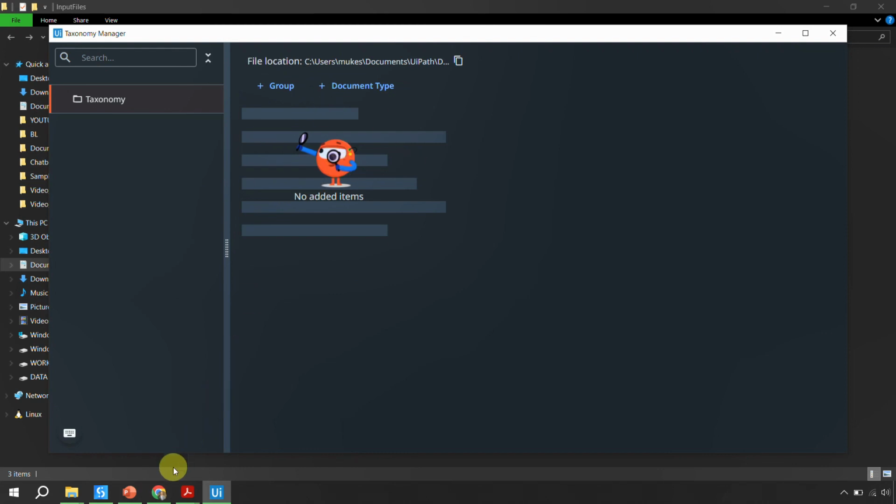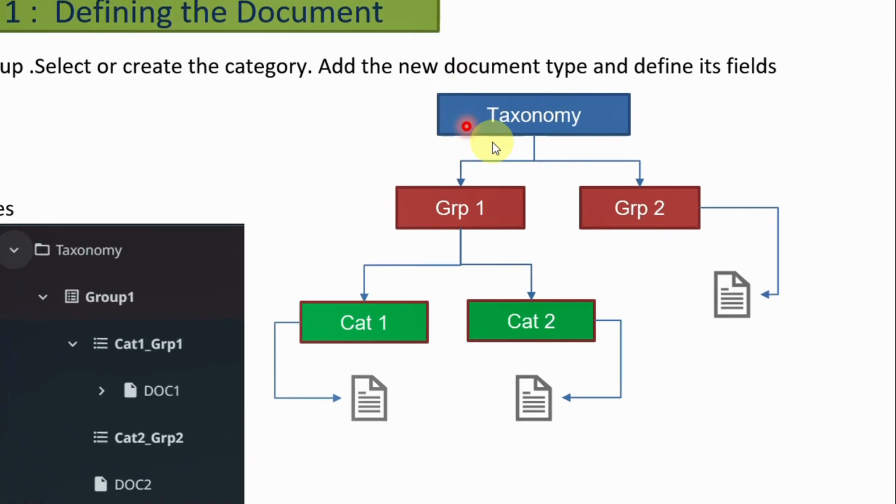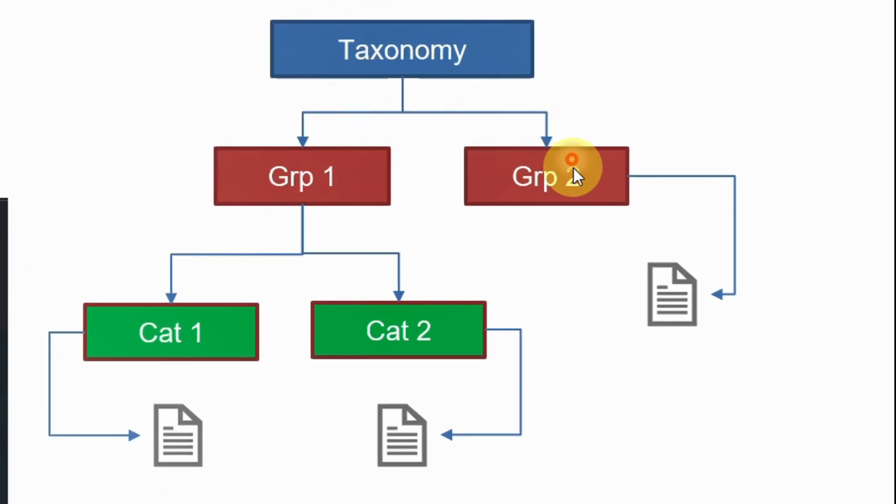So we need to understand how you structure this. For that, I'll quickly go back to my slide again. Whenever we talk about the taxonomy, you can see this structure here, I have created a small structure for you to understand it, right? In a taxonomy, you can have different groups. So I can have a group 1 and a group 2.